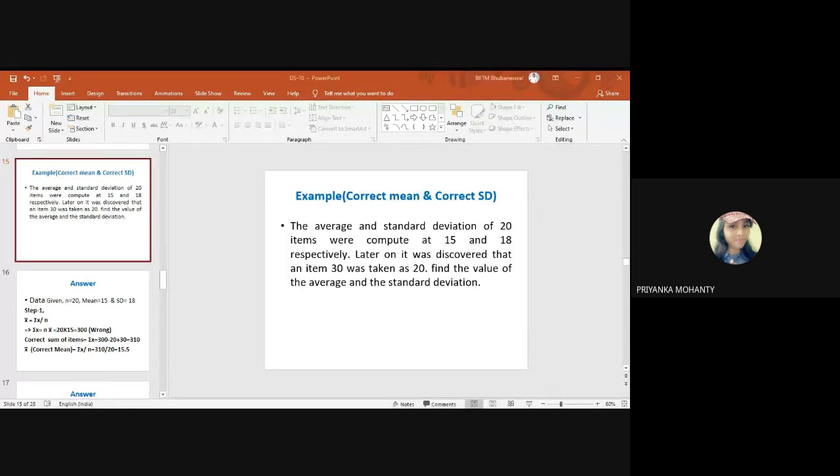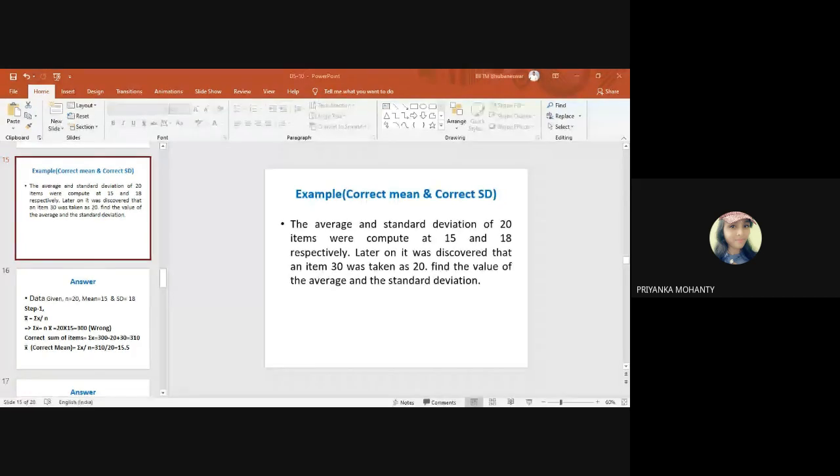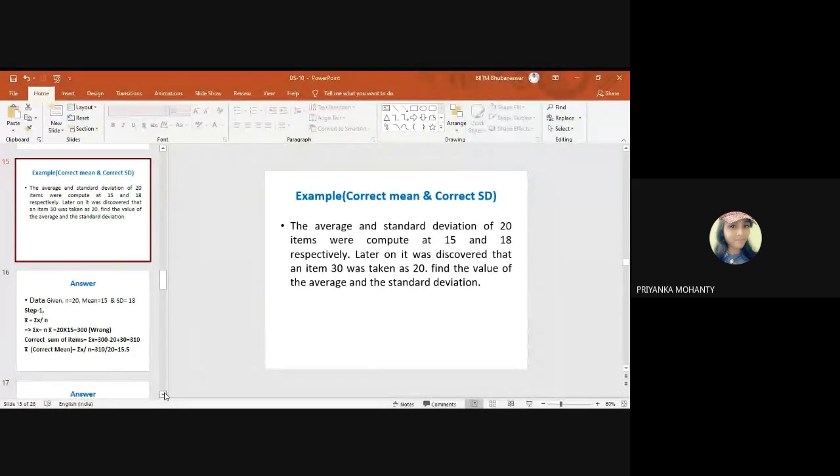Yes, what is the value of the correct mean here?